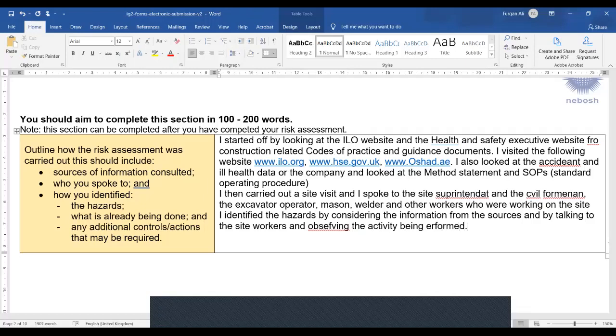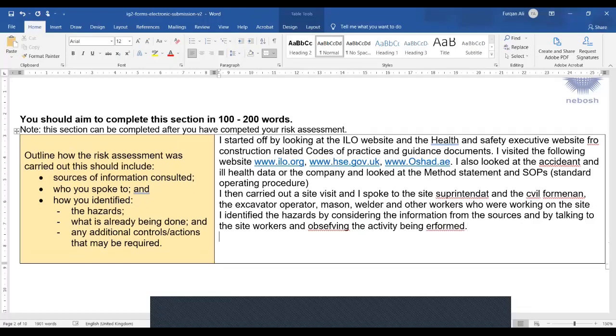Okay, so this is how I identified the hazards.